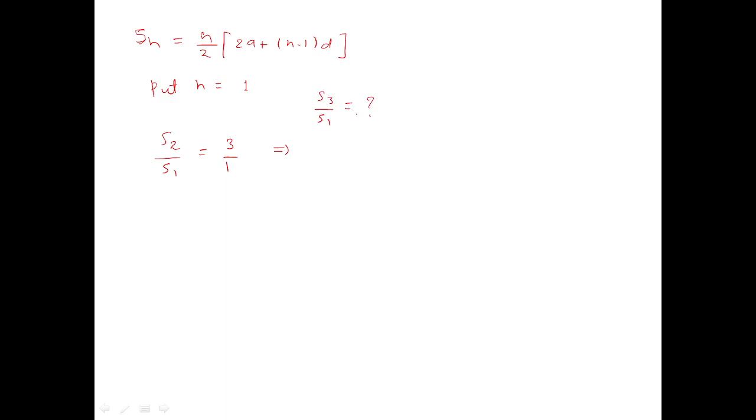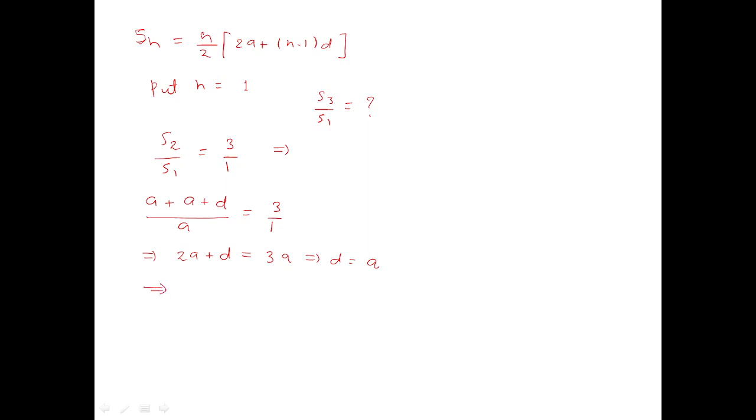Now the given sequence is an AP, so S2 means the sum of the first two terms. So the sum of the first two terms, (a plus a plus d) upon a, is equal to 3:1. This implies 2a plus d is equal to 3a. This implies d is equal to a.